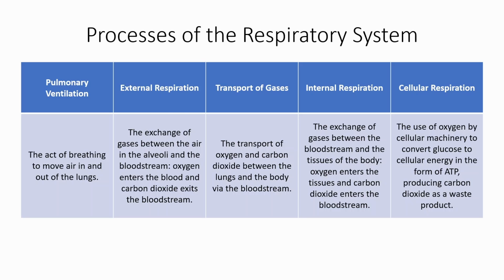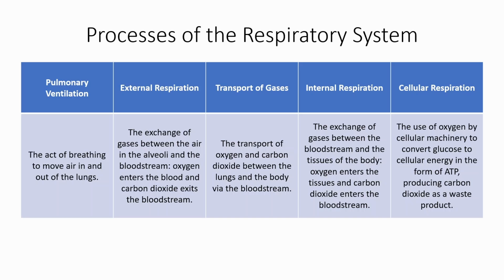External respiration is going to be the gas exchange that happens in your lungs. And I know that seems weird because when you think external, you think outside. It might help to remember external respiration as the contact with the external air. Even though it is in your lungs, the air is coming from the outside. Transport of gases is going to be just transporting oxygen and carbon dioxide via the bloodstream.